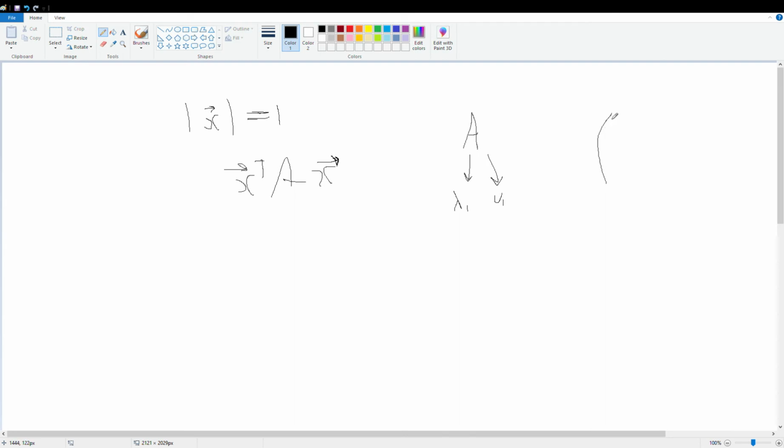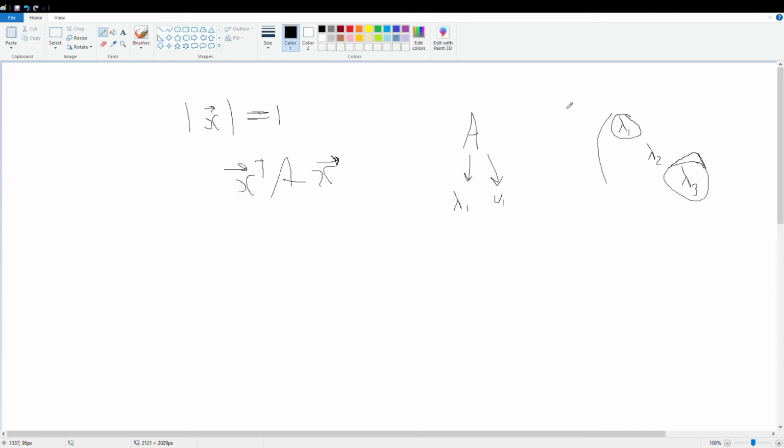If we order those eigenvalues such that the largest eigenvalue is lambda 1 and the smallest is lambda n, n being the size of whatever matrix we're working with, and we identify the corresponding eigenvectors, the largest eigenvalue will be the largest value of the quadratic form, and the smallest eigenvalue will be the smallest value of the quadratic form.